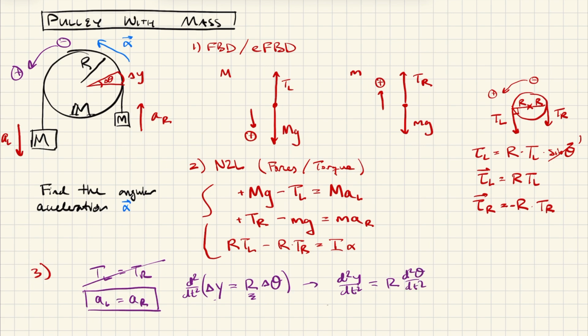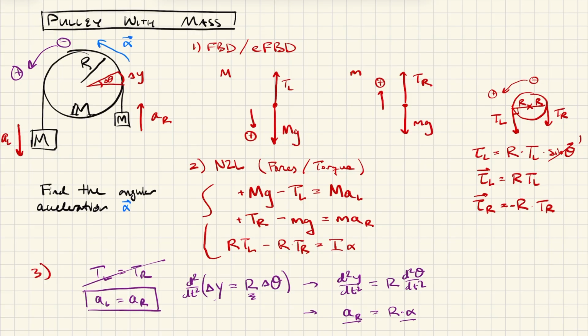If I write these in acceleration terms, this just tells me that the acceleration on the right-hand side is equal to r times alpha, which by definition is the second time derivative of the angle. And so what that means is I can relate AR to alpha as well.